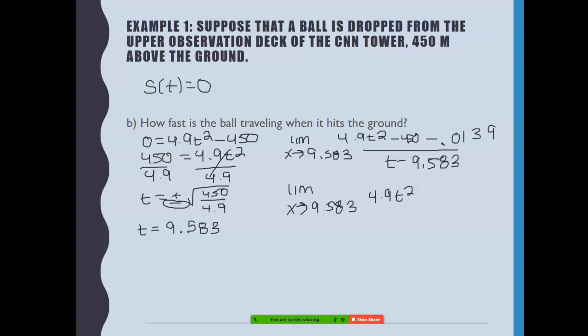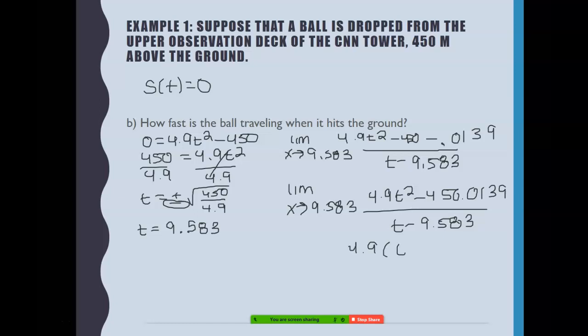So it becomes 4.9 times (t squared minus 91.839) over t minus 9.583. And nicely enough, you can actually factor out that 4.9.